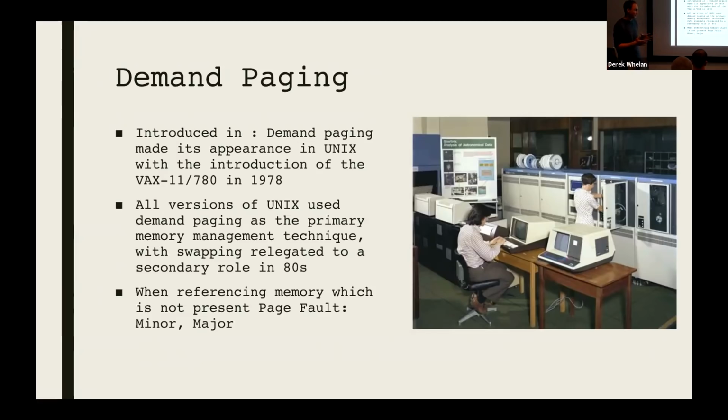For example, if we touch something and we don't have this page, maybe some other process does have this page, so you can just reference the other page. Or maybe this page was prefetched and it's already in memory, but it's not in the page table, so we need to find it. Major is for file systems, for swapping, for other things, basically when we need to go all the way down to the disk and find the page.